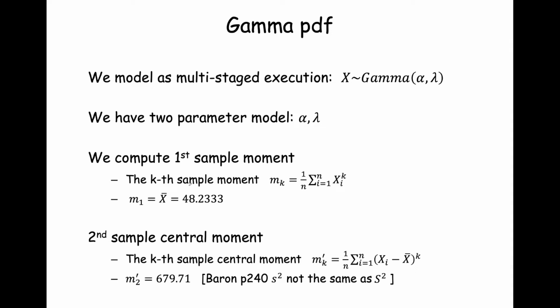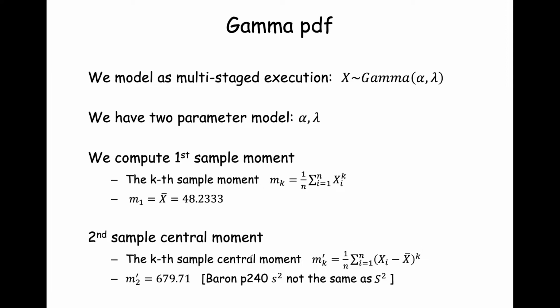Okay, so if we do that, we get this result, 48.02 and change. And then if we look at the second sample central moment, the equation is as follows. You have 1 over n, the sum of x_i minus x bar to the 2 power, right? So it looks a lot like variance.